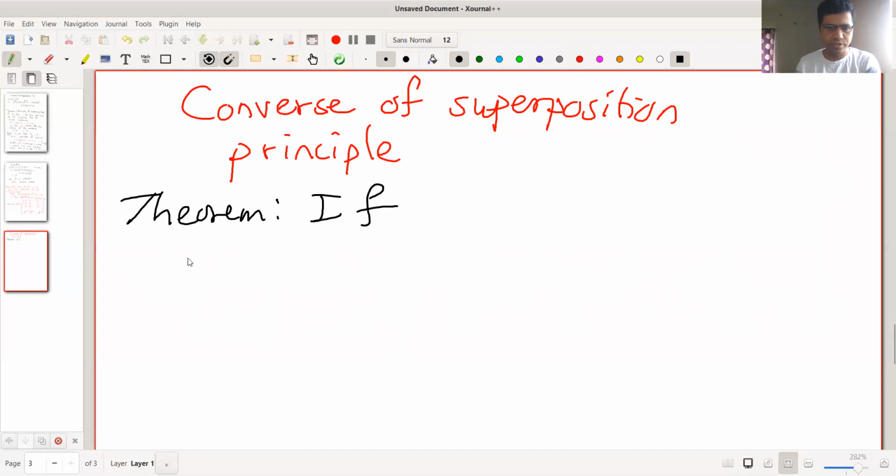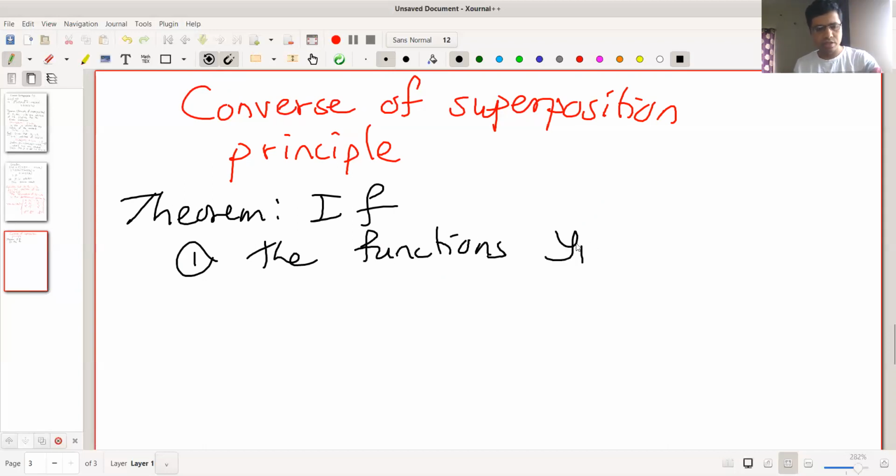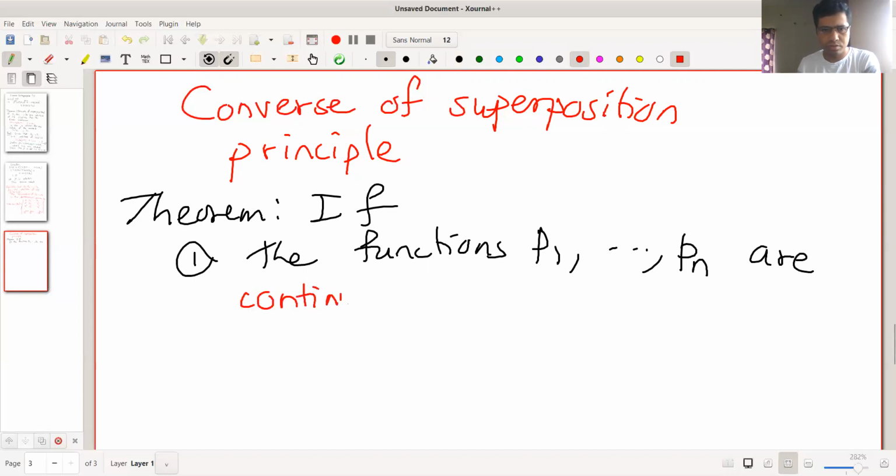The first condition is that the coefficients in the given differential equation L of y, that is p1, p2, and so on pn, are continuous. Continuity is a necessary condition for existence and uniqueness, as we discussed earlier. Continuous on the open interval I.